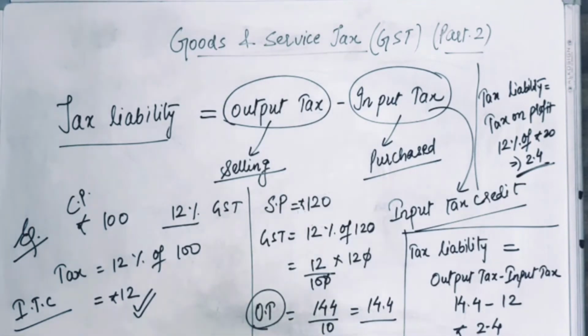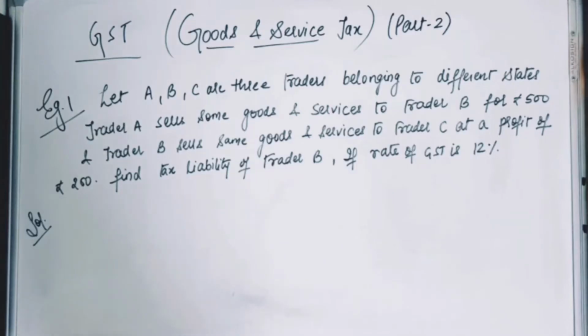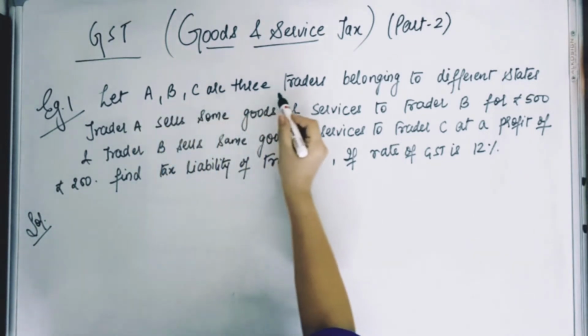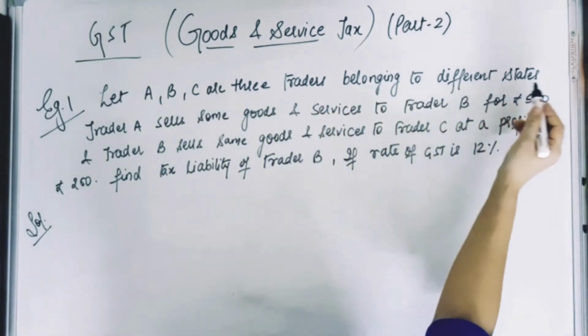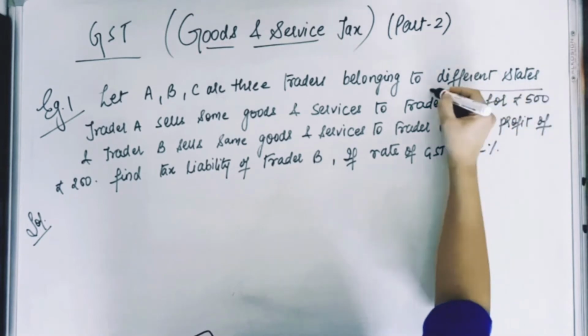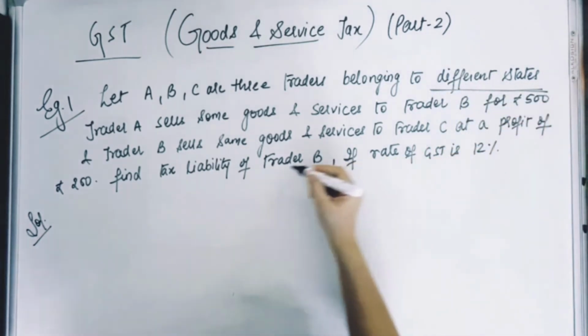So now we will be solving questions that will be related to tax liability and also interstate transactions of goods. So now question is, let A, B, C be three traders belonging to different states. Different states means this is a case of interstate.